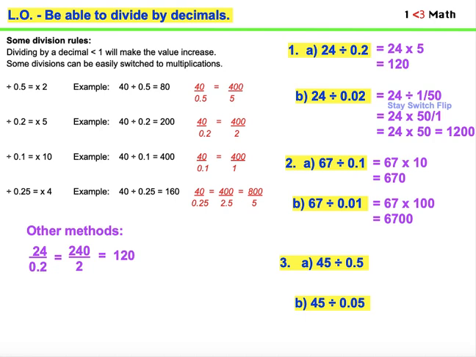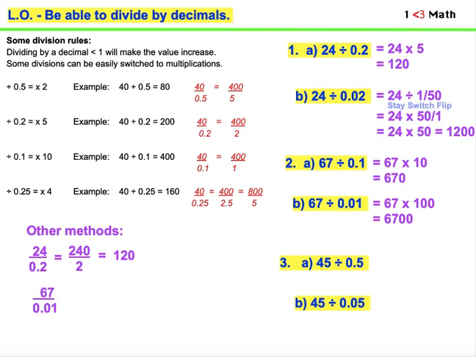So 67 times 100, and again you could use stay switch flip. 0.01 is 1/100, so it would be 67 times 100 over 1. 67 times 100 is 6,700. Or you could just note that dividing by 0.01 is the same as timesing by 100, just the same as dividing by 0.1 is the same as timesing by 10.